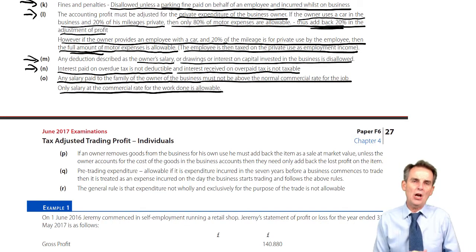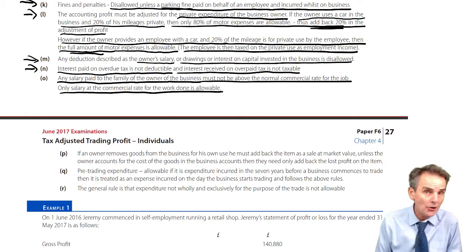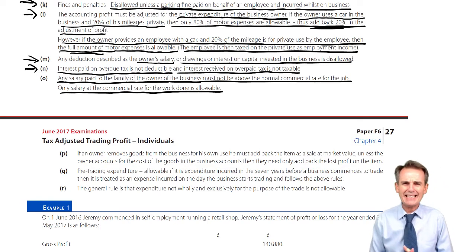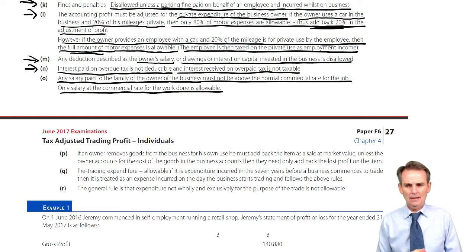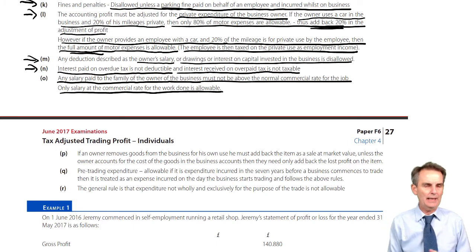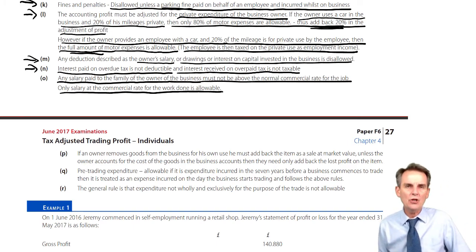If therefore the unincorporated trader has £60,000 worth of income, they are a higher rate taxpayer. So on a significant part of that income, they're being taxed at 40%. If their spouse has only got £10,000 of income, then they're not even using all of their personal allowance.